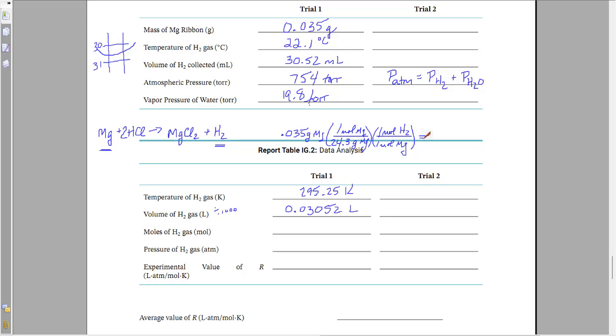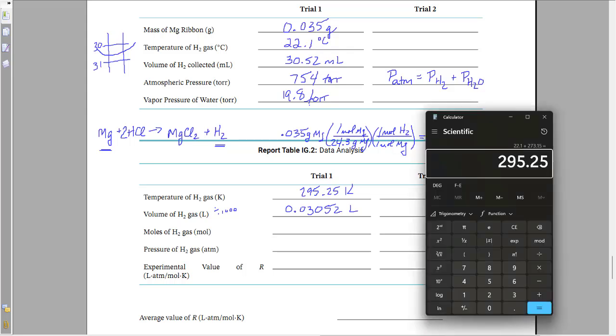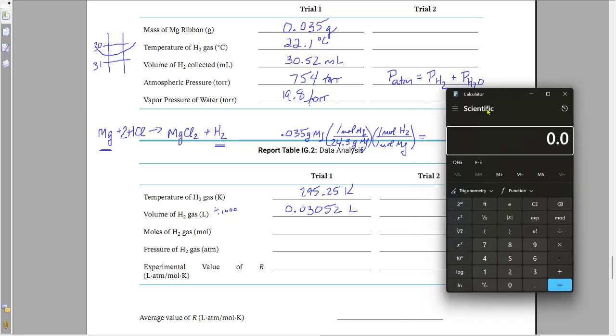Okay. If you weren't using this particular acid, maybe this would be a different ratio. All right. So in our case, let's pull up our math. We're going to go 0.035 grams divided by 24.3, or maybe you want to do 24.31, be a little bit more precise there. Now we get an itty bitty number.